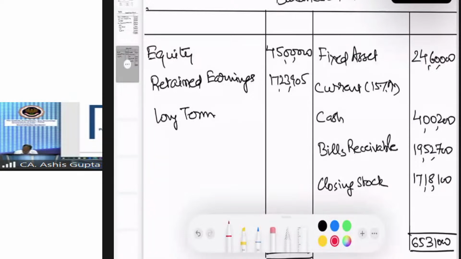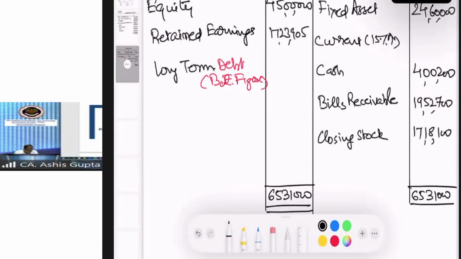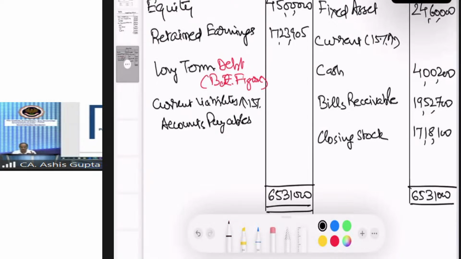This is more important. This will be the balancing figure. I am not writing it now; I shall compute it, or you will compute it and let me know. Accounts payable, again a 15% increase. Why is current liabilities said to be a spontaneous source? Because normally it increases in the same proportion of sales.